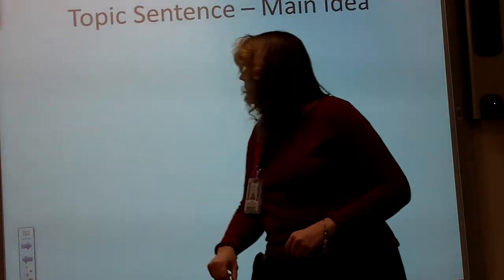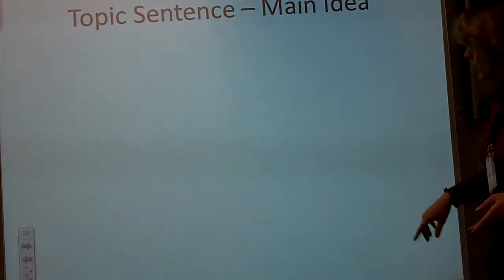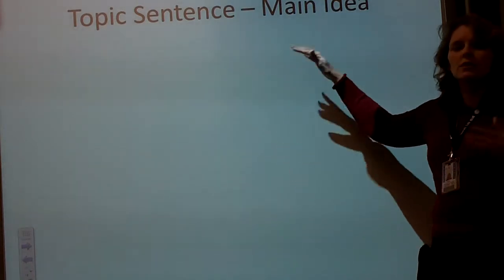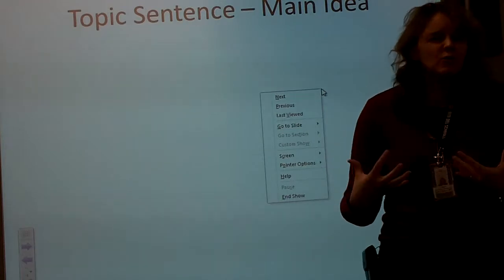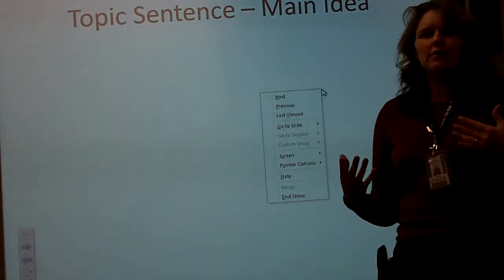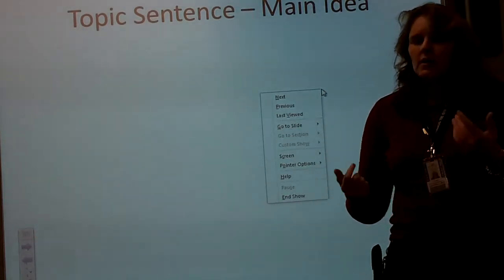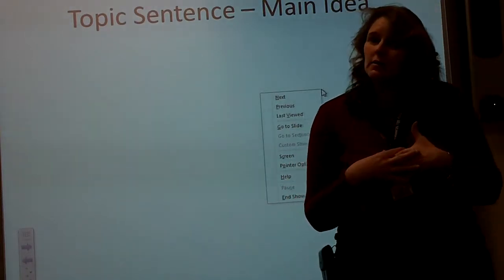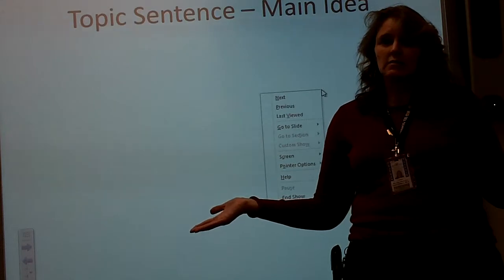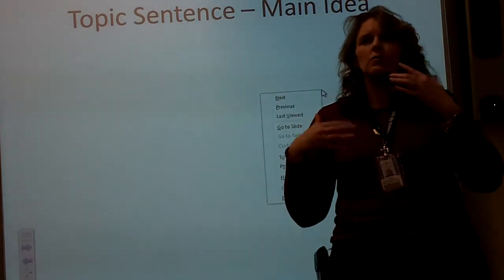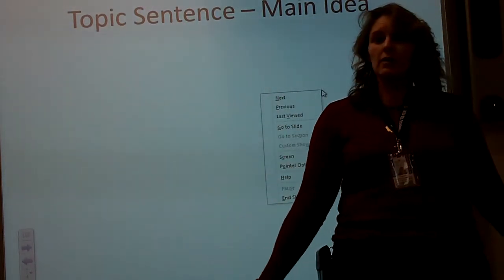So, first thing we need when we're doing our writing, of course, is our topic sentence, which is the main idea of the paragraph. Now remember, I haven't told you yet what that favorite food is. I'm keeping a little bit of a secret, so I'm not going to put the name of the food item in my topic sentence. However, I still have to have a topic sentence. I need to know what the paragraph is about.